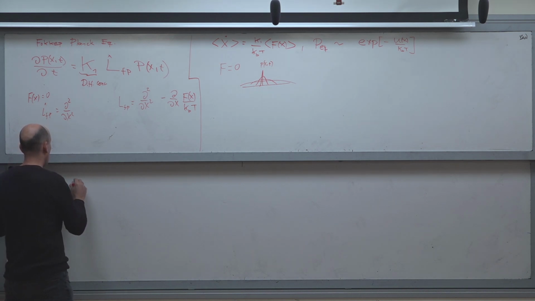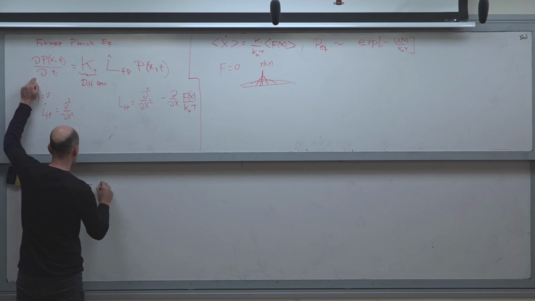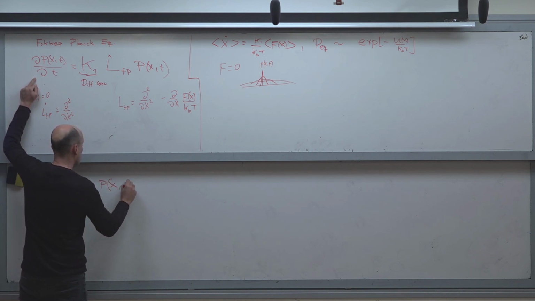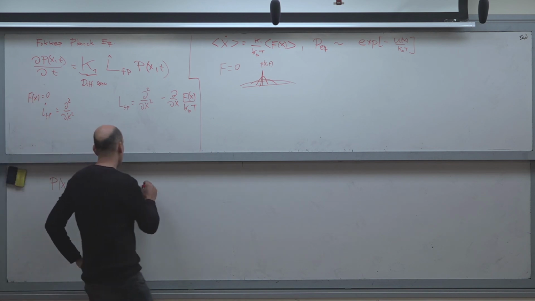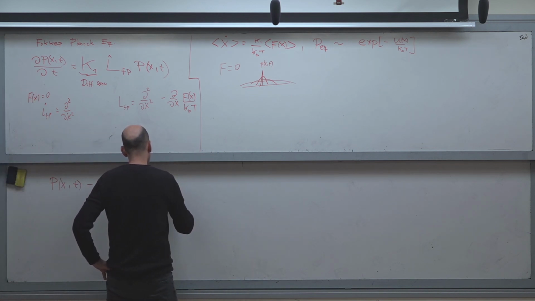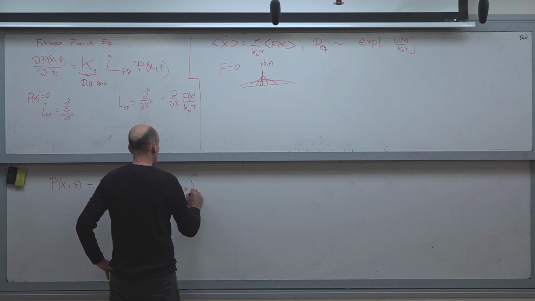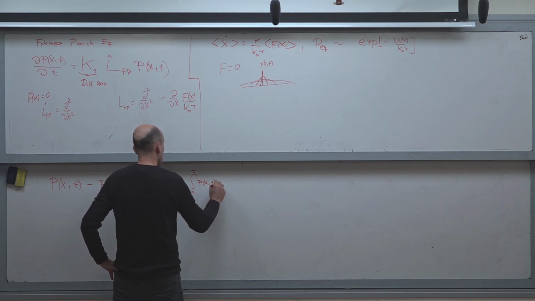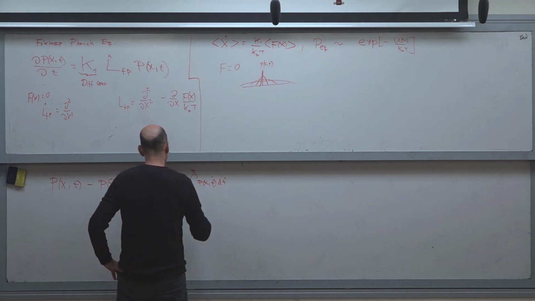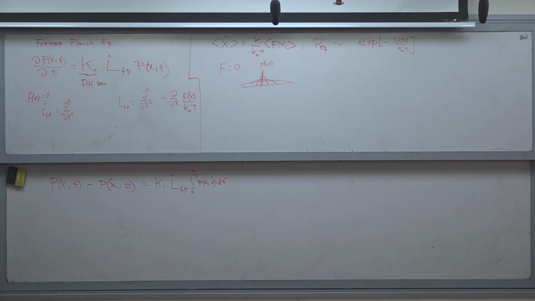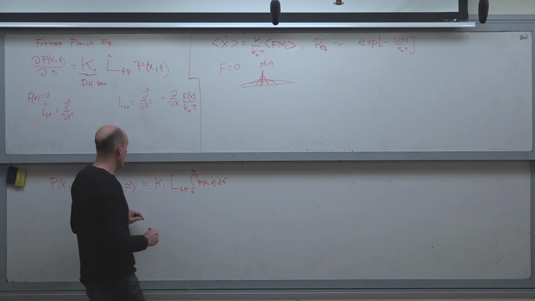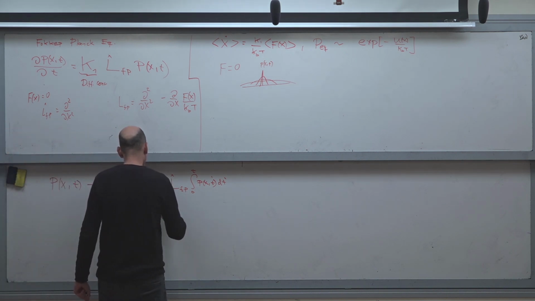If I integrate the time derivative over time, I get this: this is the initial condition, this is what I'm after, and then I have here K1, the Fokker-Planck operator, which does not depend on time, and the integral of P(x,t) dt. So I just integrated both sides of the equation.